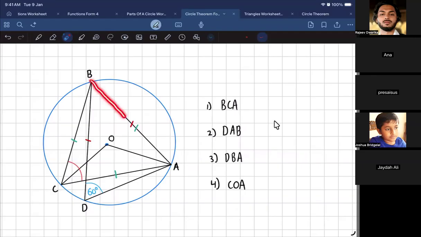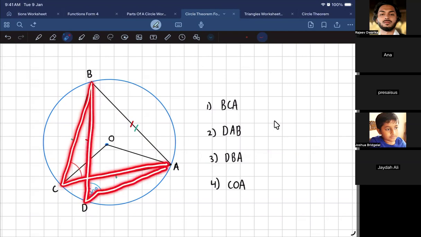If you look at A to B, you can see that we have an angle C standing on AB and going to the circumference. And we have angle D also standing upon AB.